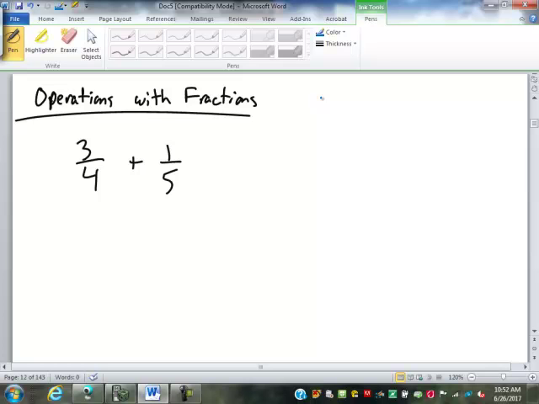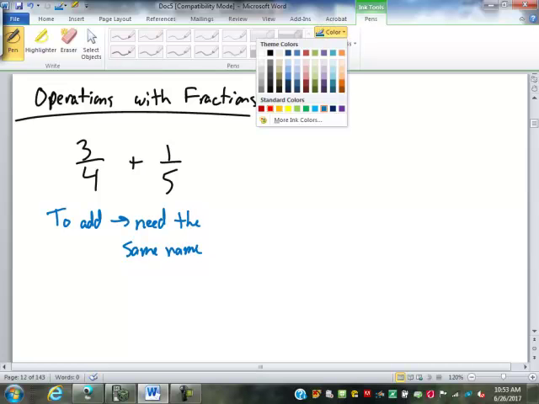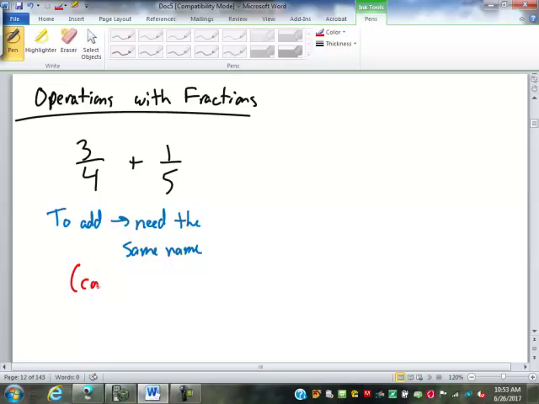Why can't they be added? They don't have the same denominator. Good. To add, numbers need the same name. And for fractions, that is common denominator.